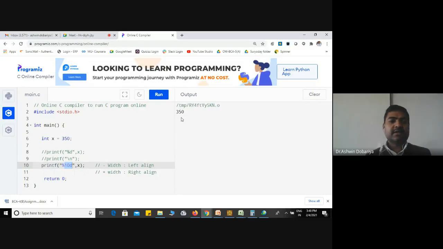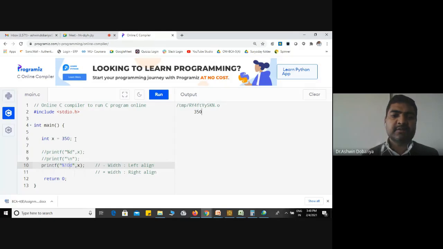So see here, percentage d, right alignment. So see, total width is 10. So the first 7 are spaces and in the remaining 3 positions, it will display the data.